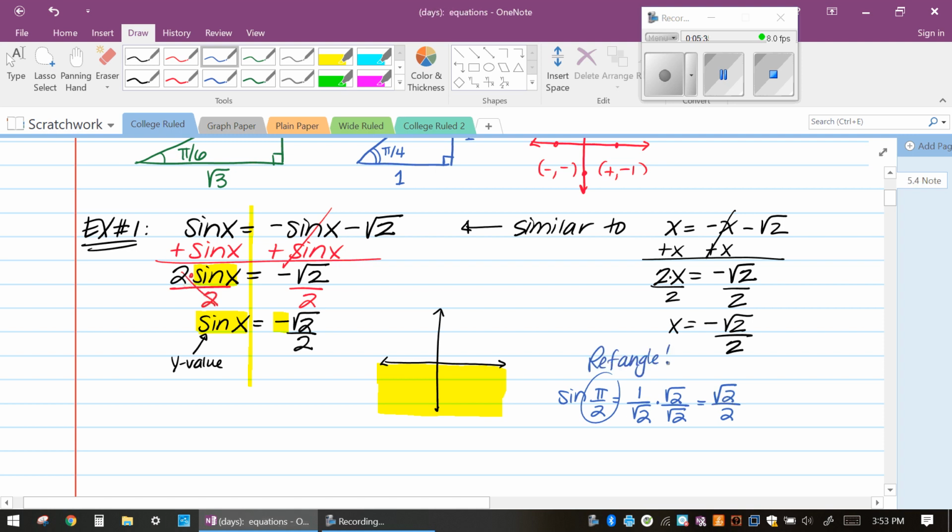Your reference angle is pi over 2. Since we know that we want the angles that have a reference angle of pi over 2 but are in quadrants 3 and 4, I'm going to make sure that I use a reference angle of pi over 2 and a reference angle of pi over 2.